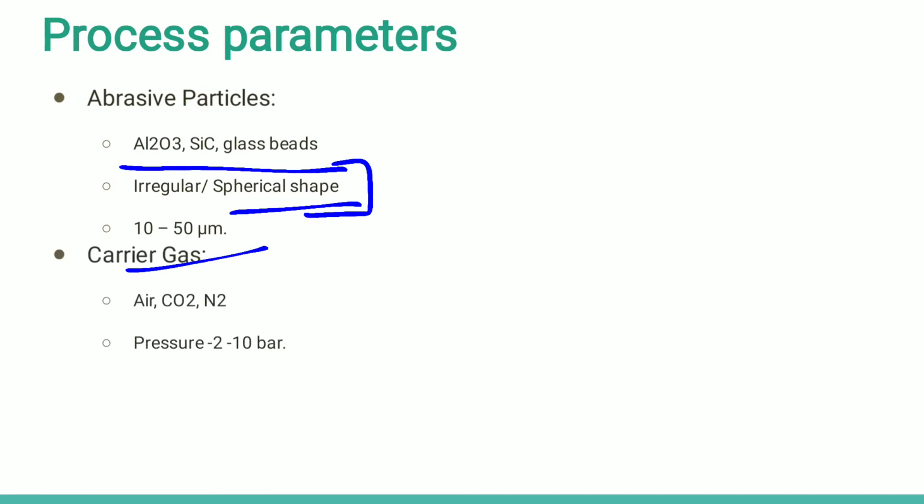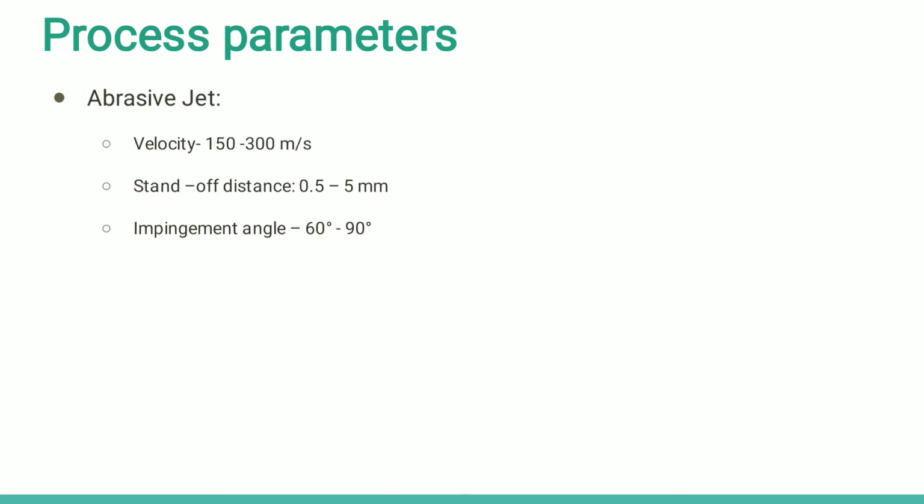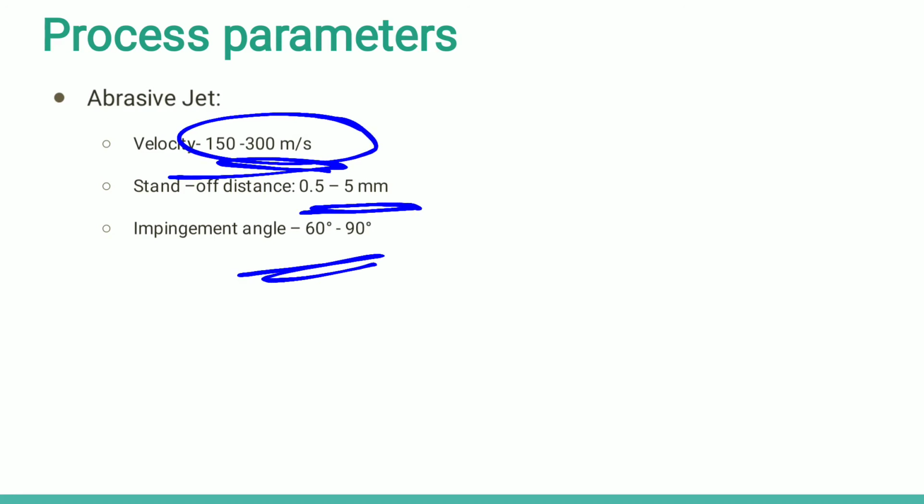The carrier gases can be air, carbon dioxide or nitrogen, and the pressure is in the range of 2 to 10 bar. A few more parameters are there. The velocity of the abrasive jet is in the range of 150 to 300 meters per second. The standoff distance we have to maintain in this range, and the impingement angle is 60 to 90 degrees.